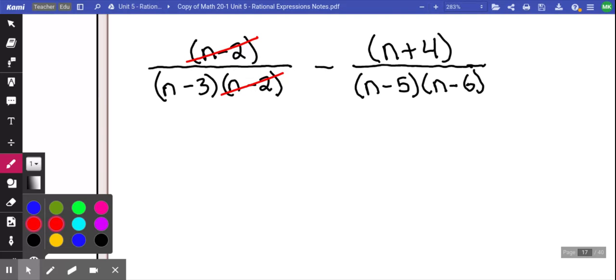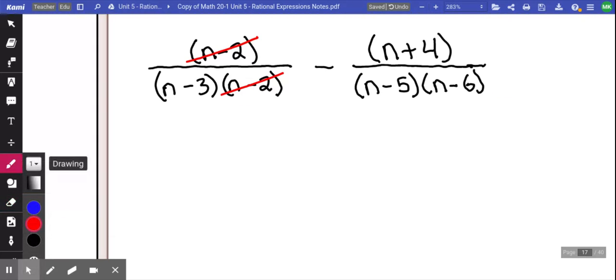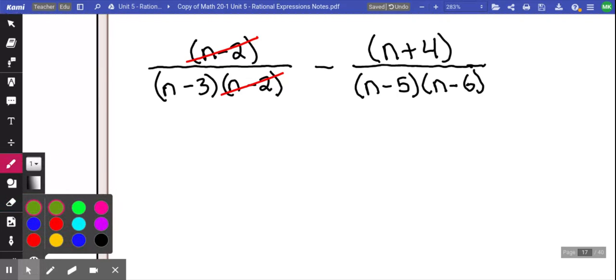So if I can reduce a fraction right off the bat, then you should, because that will save me from having to get this common denominator of n minus 2, right? I won't have to do that now. So I want to simplify that n minus 2 first. That means I now have n minus 3, which will go over here, but it does not need the n minus 2, which is nice.